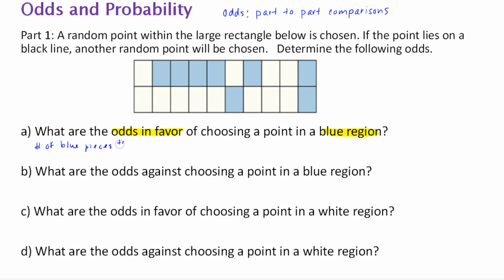Then we use either "to," or sometimes a colon, or sometimes we write these as fractions. The number of blue pieces is what we are looking at happening, to the number of ways that we can get not blue. In this case, it's white, but I'm just going to write the number of not blue pieces.